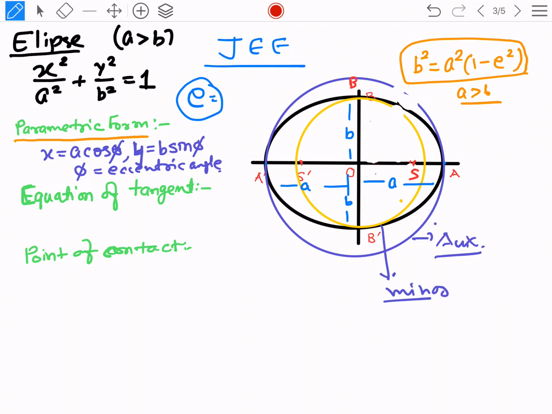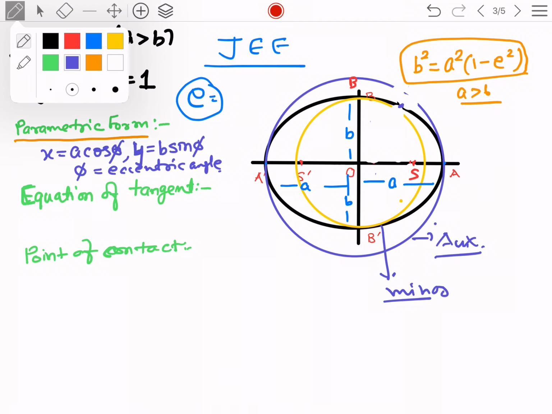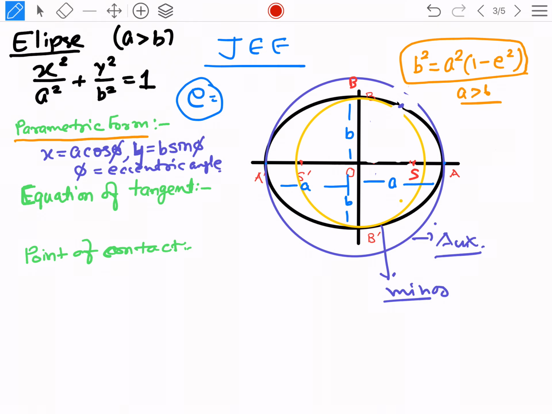So students, suppose we take a point P on the ellipse, then for its coordinates, what is the angle phi?